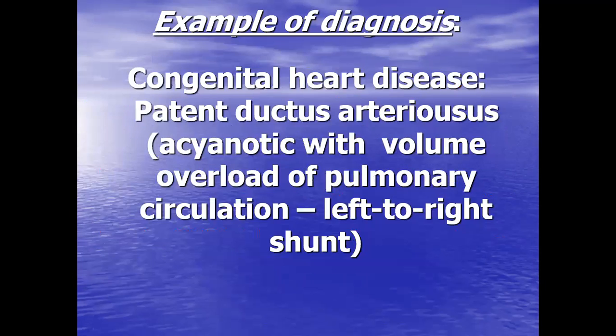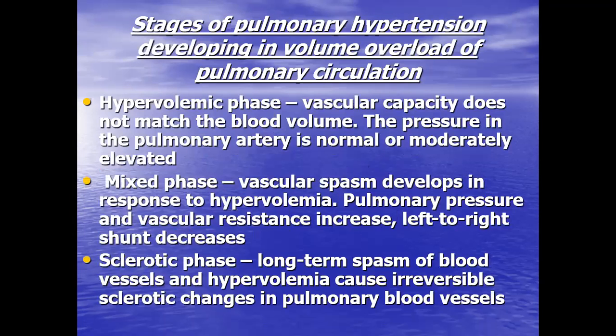And on this picture, you can see an example of the diagnosis. So you have to write congenital heart disease, then you have to name it and write cyanotic or acyanotic and shunt. If a patient has overload of pulmonary circulation, pulmonary hypertension develops.